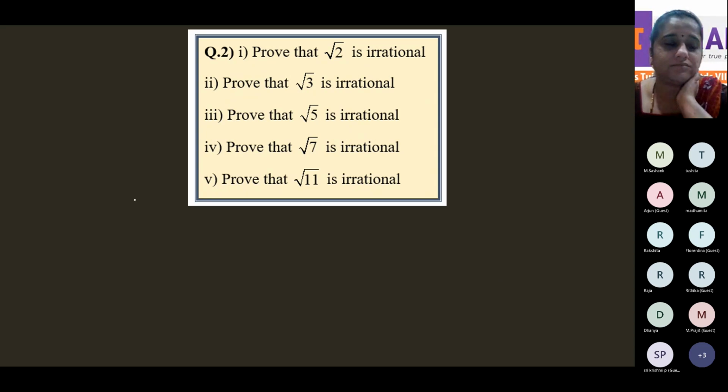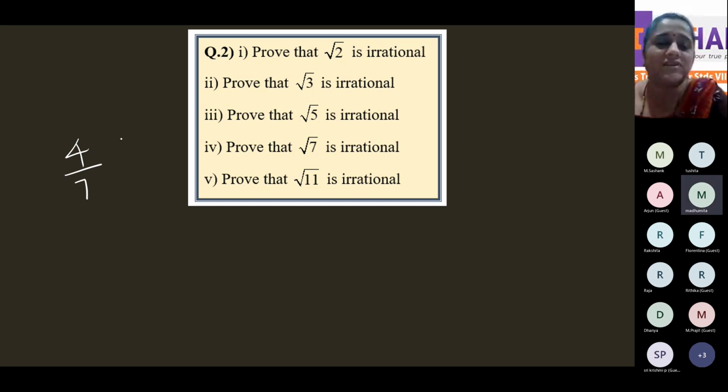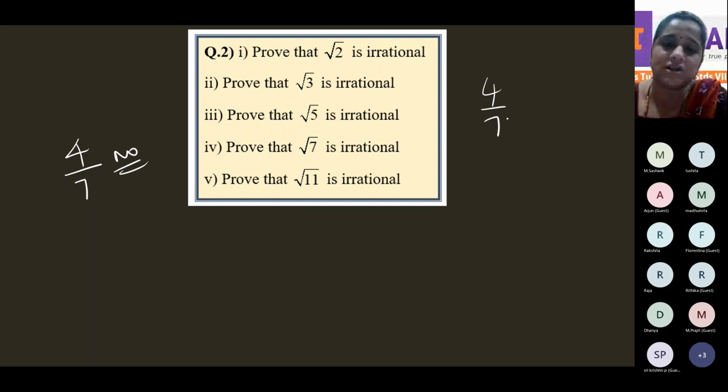Now, these are basic questions, okay? Is this an integer? Quickly. 4 by 7. No, 4 by 7 is not an integer. Is this a rational number? Yes, ma'am, because it's of the p by q form.